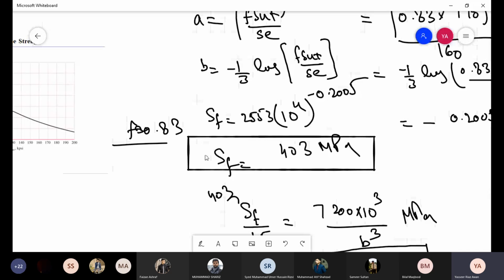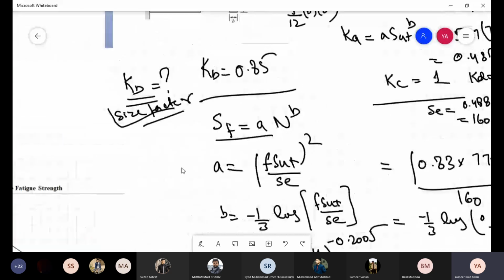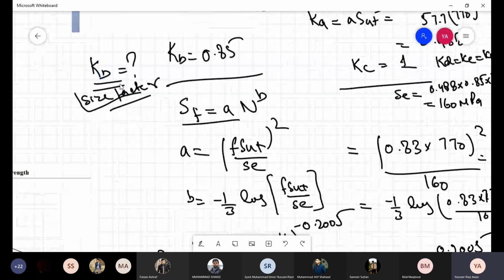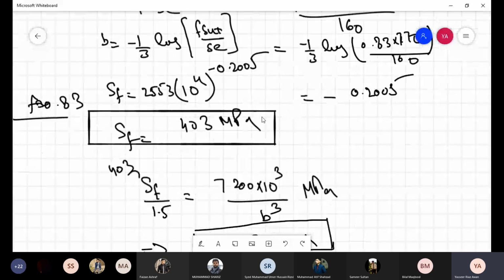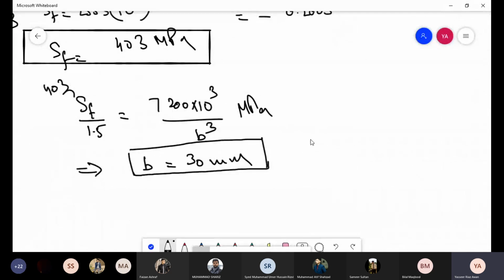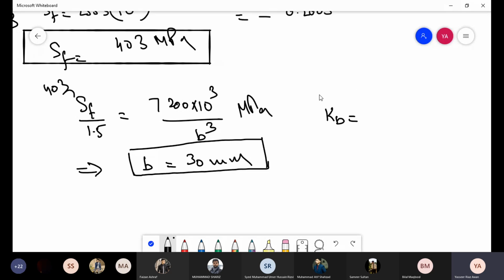The one thing left is the size, the actual size factor. So we assumed KB is equal to 0.85. Now you can find out the real KB, and first you have to look at the table to get the equivalent diameter.